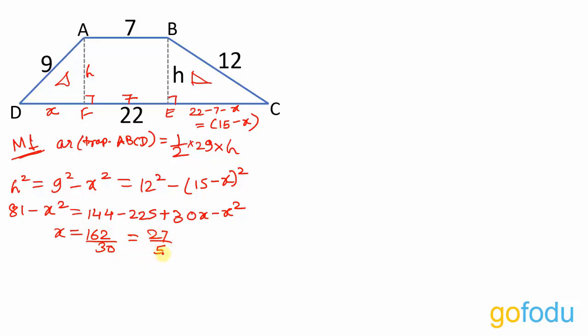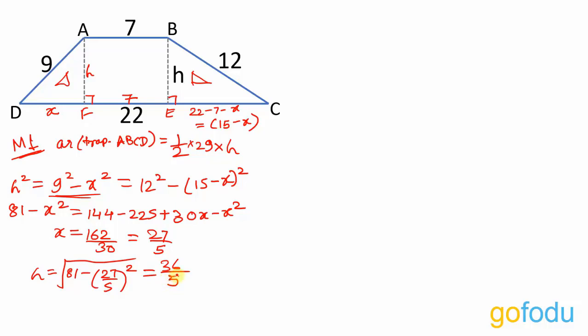Now use this x to get the value of h. Put this value of x here and get h as the square root of 9 square, which is 81, minus x square, (27 upon 5) whole square, and after this calculation we get h as 36 upon 5.